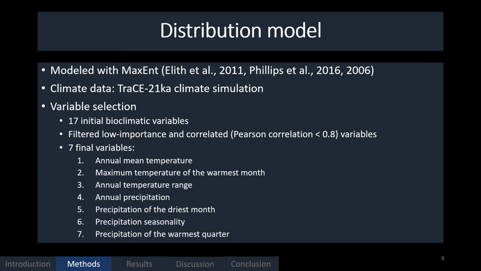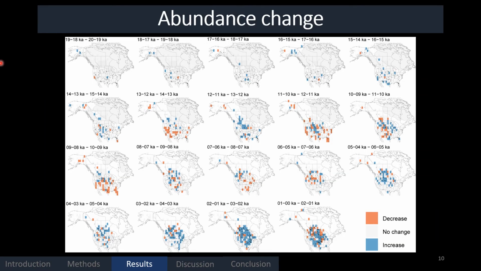As predictors, we used climate variables from the TraCE-21K climate simulation. We started with 17 initial climate variables and narrowed that down to 7 variables based on the selection criteria outlined here.